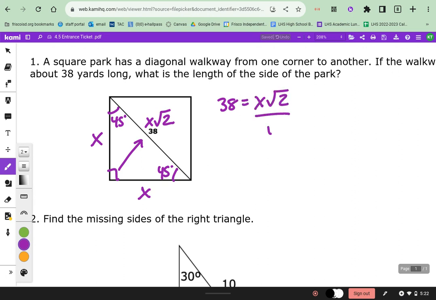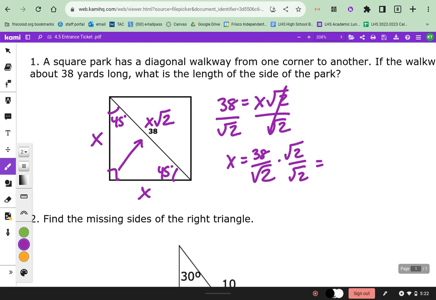I'm going to solve for x by dividing by square root of 2 on both sides. And I will cross these out on the right side because they divide to 1. So x equals 38 divided by the square root of 2. Remember though, we talked about we don't want to leave a radical in the denominator. So to rationalize my denominator, I'm going to multiply by the square root of 2 over the square root of 2.